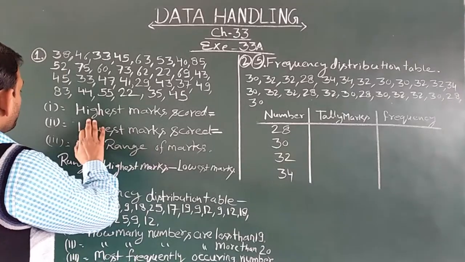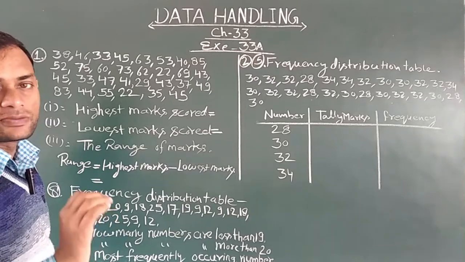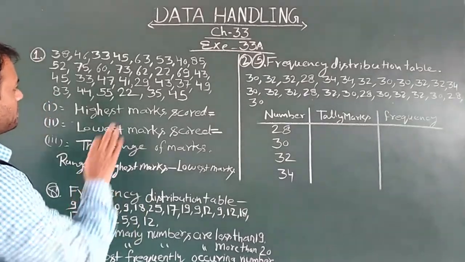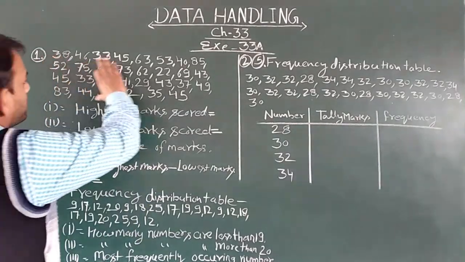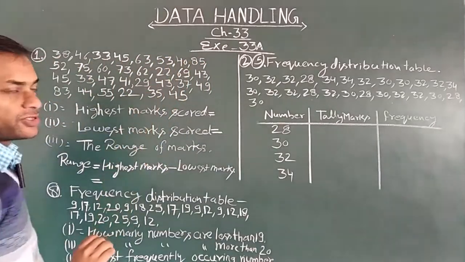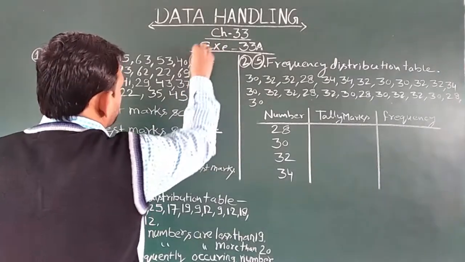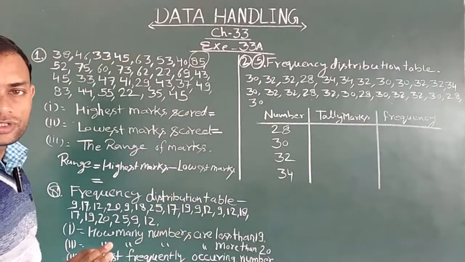Got it? The first part of this question asks: what is the highest mark scored by the student? If you observe all the data, you will find that 85 is the highest mark scored by the student.